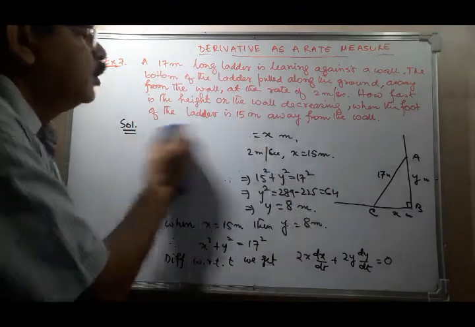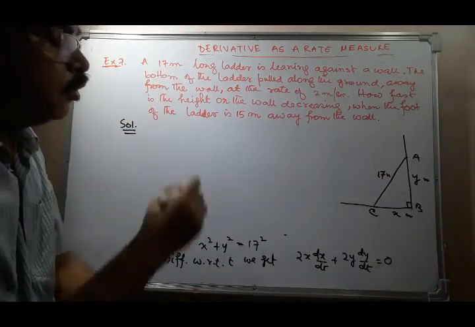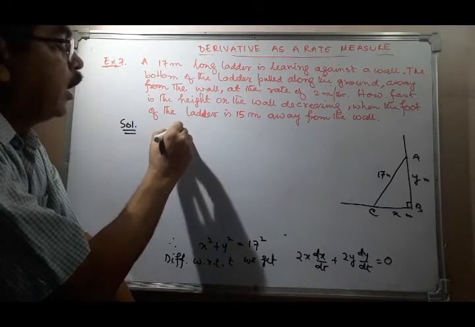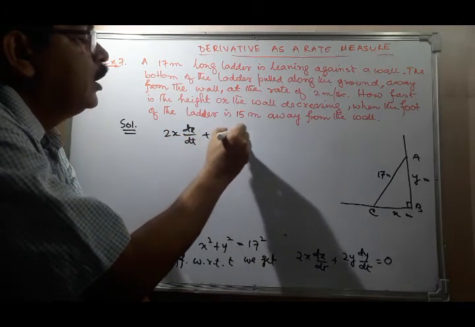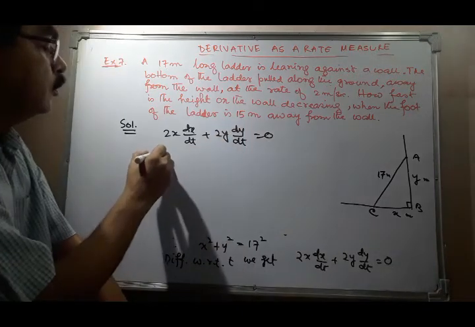We are coming back to the top. So from here we'll get 2x dx by dt plus 2y dy by dt equal to 0.